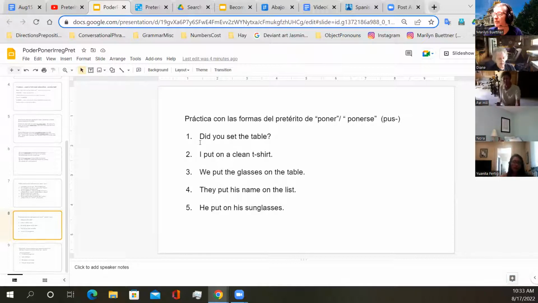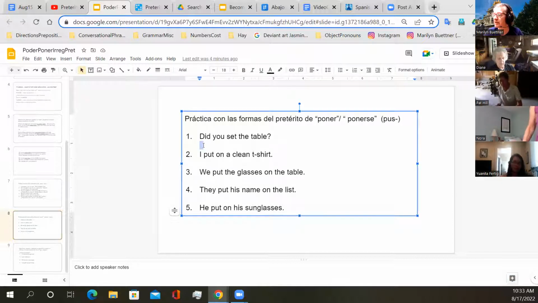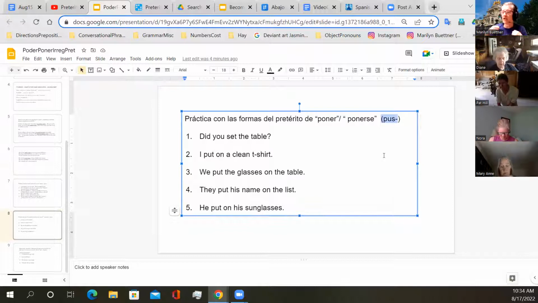Let's switch gears a little bit and let's look at poner. Poner has no meaning change, so we don't have that to deal with. All we've got to think about is putting it in the past, saying that somebody placed something, they put it somewhere and it's done, or put something on.